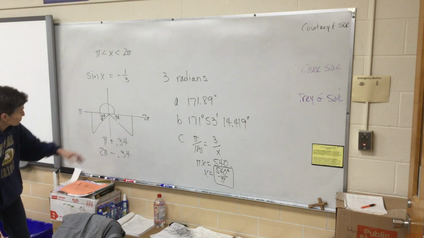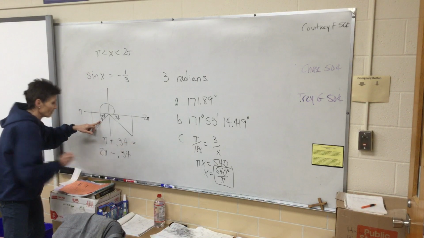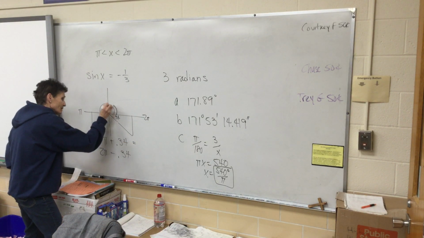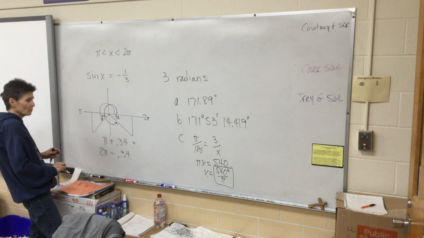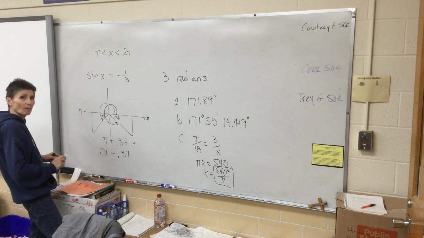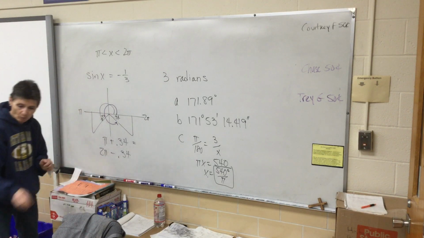This one I think is obvious, pi plus 0.34. And this other one, this purple one, if I went all the way around, it would be 2 pi, but I didn't go all the way around. I skipped this part. So it's 2 pi less 0.34.